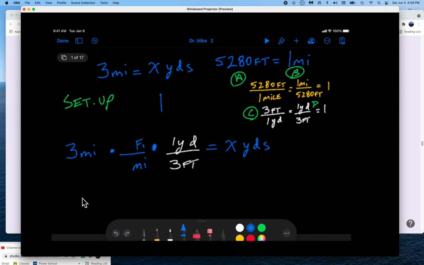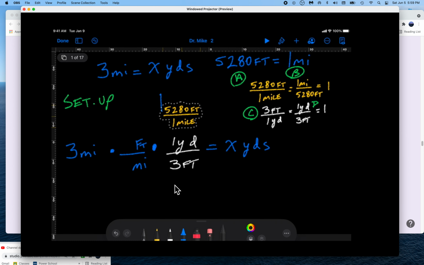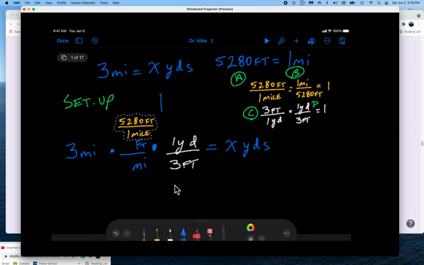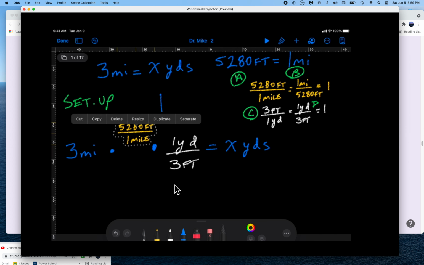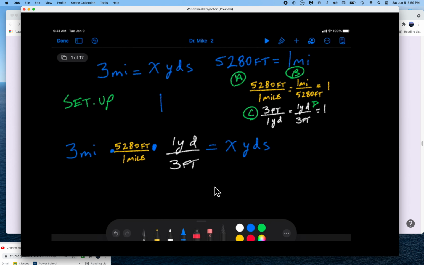Which one of these weapons has miles on the bottom and feet on the top? Right here. So I'm going to take this one, and we're going to put that right here. Right there.